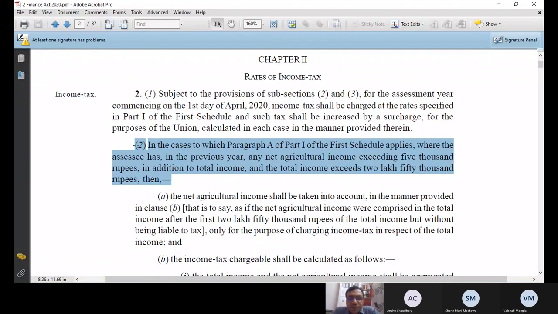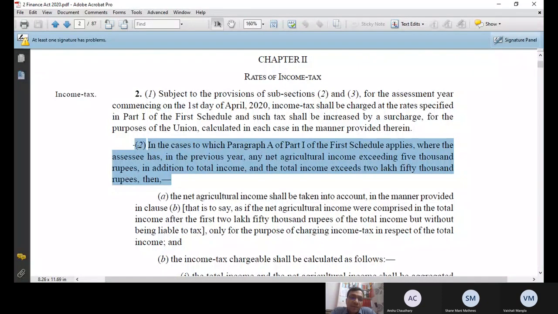In the cases to which paragraph A of part 1, do you remember part 1 of the first schedule? Part 1 of the first schedule gives you the tax rate of financial year 1920. Part 3 of the first schedule will give you the tax rate of financial year 2021.